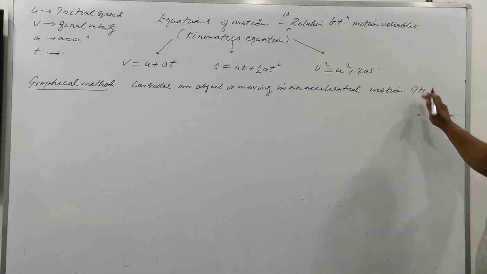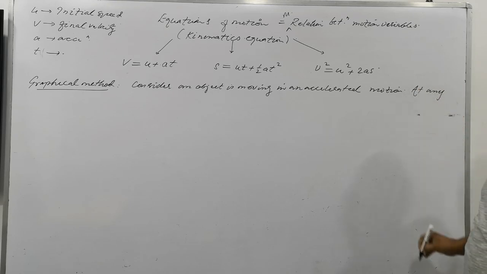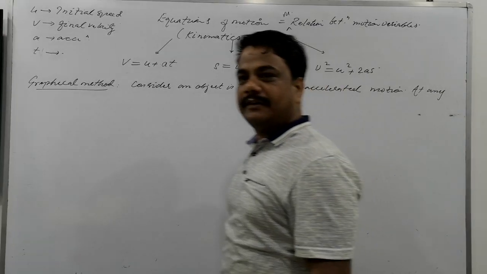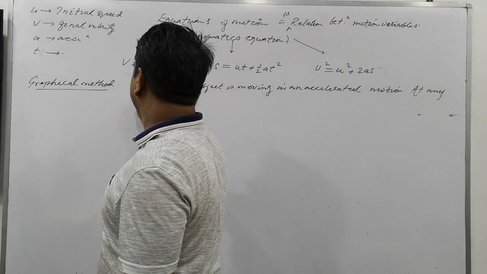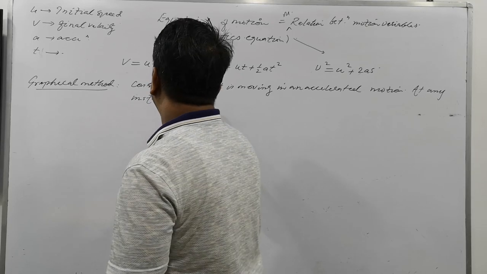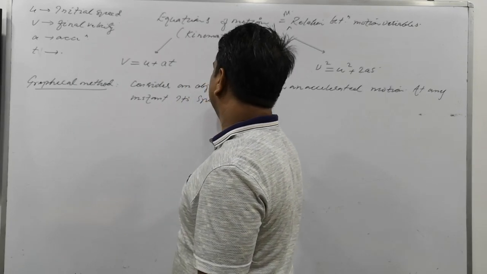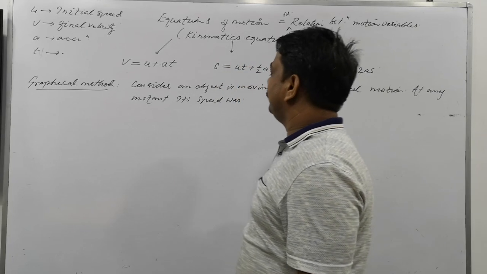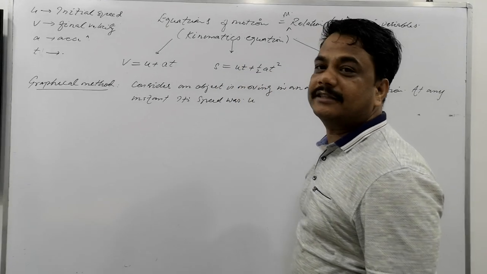Okay? At any instant. Do you know instant? Time interval. At any instant, its speed was u. This is called initial speed.